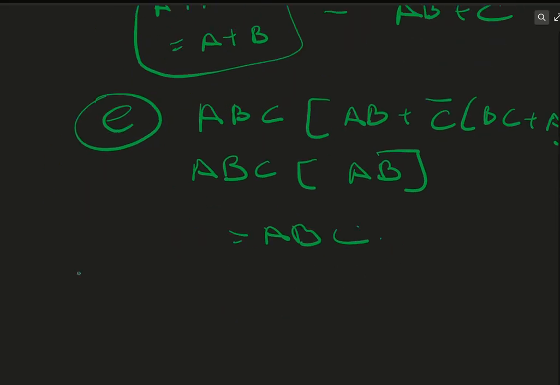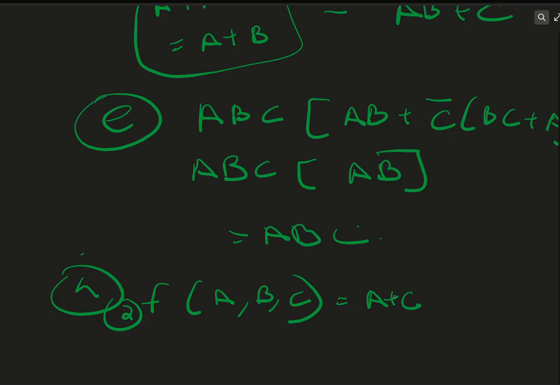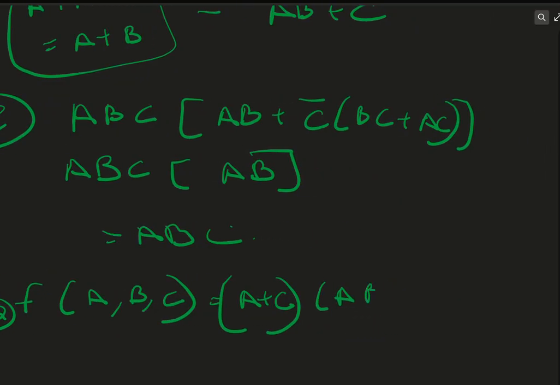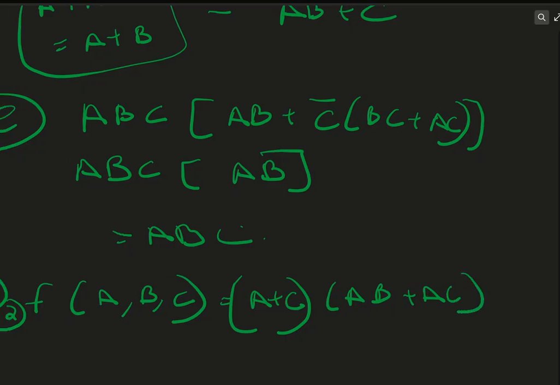Okay, let's go for the number 4 question. Convert the following expression into canonical SOP form. So let's do number A, which is f(A, B, C) equals A plus C into AB plus AC.